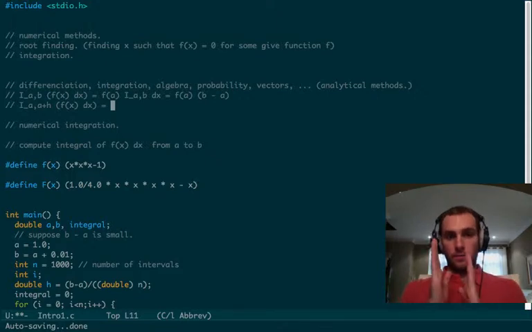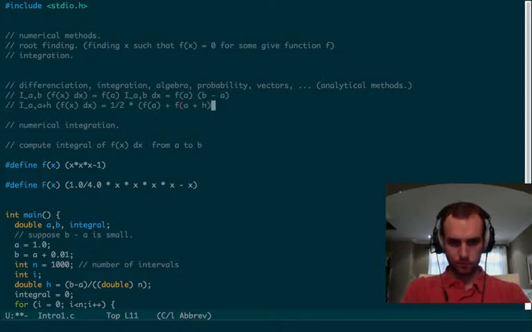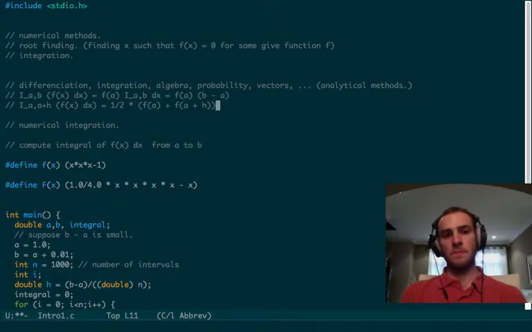So the area of one piece is half of that, so it's 1/2 times f of a plus f of a plus h, right?